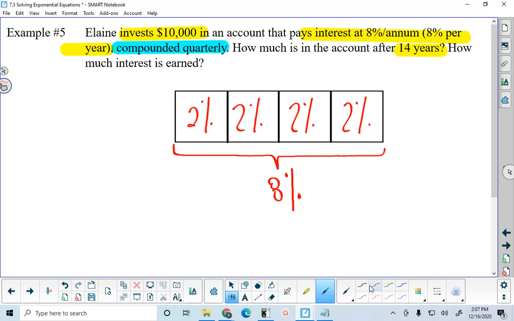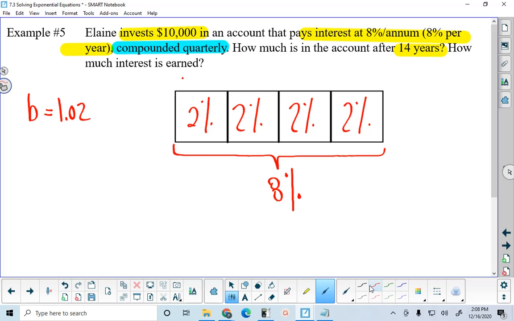And if it were compounded monthly, then to find out what percent you would get regularly, you would take that 8% and divide by 12. If it's compounded semi-annually, then we would get 2 chunks of 6. Now what this is telling us is that B is 1.02.